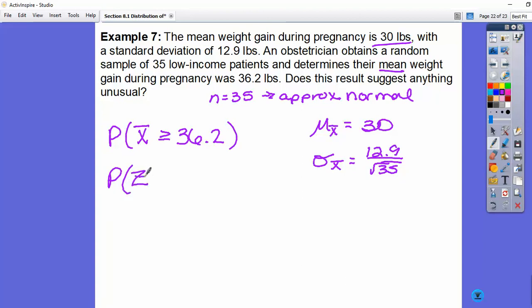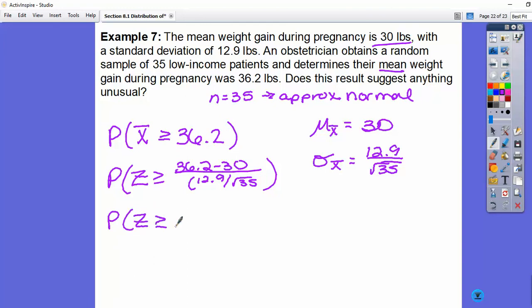So I need the probability z is greater than or equal to 36.2 minus 30 over my standard deviation. So I get z to be greater than or equal to 2.84.